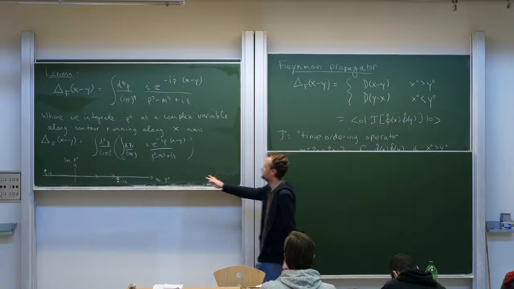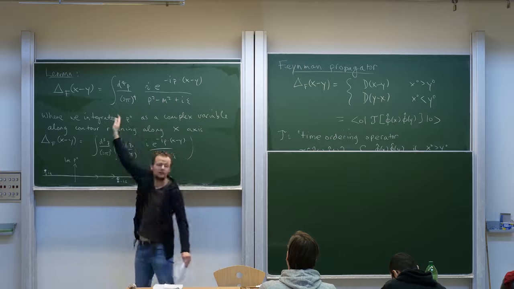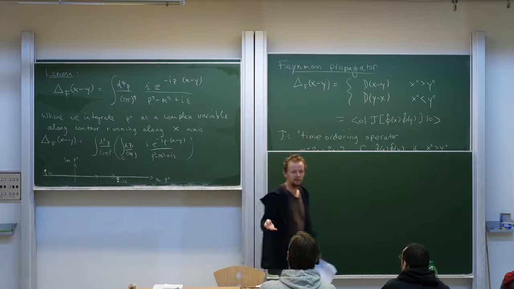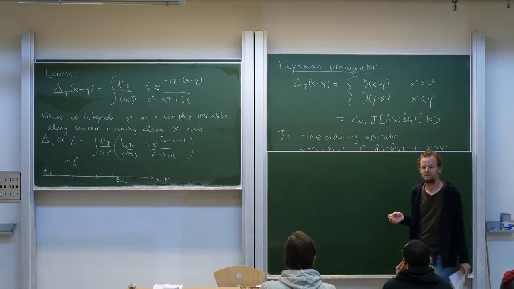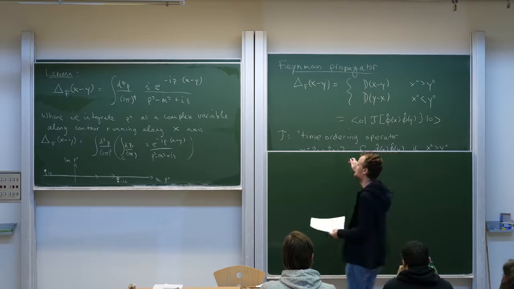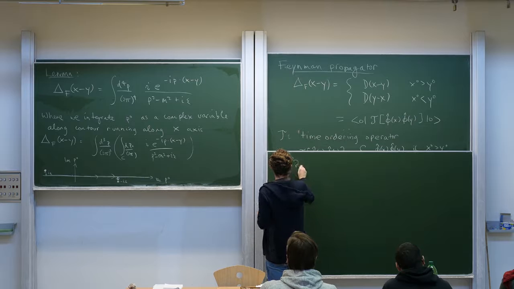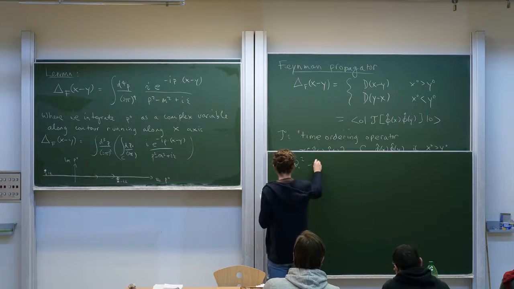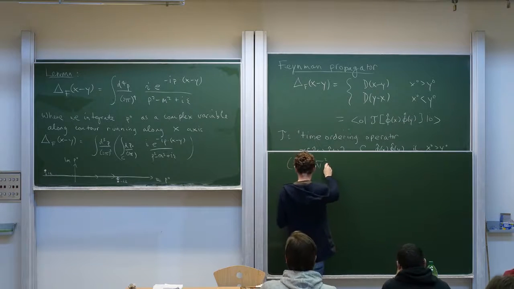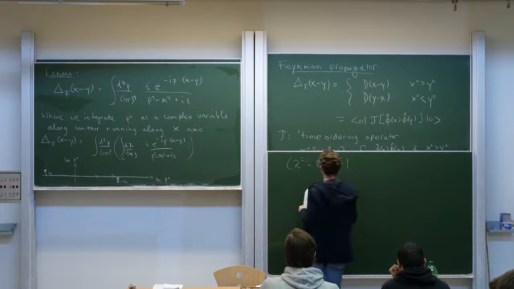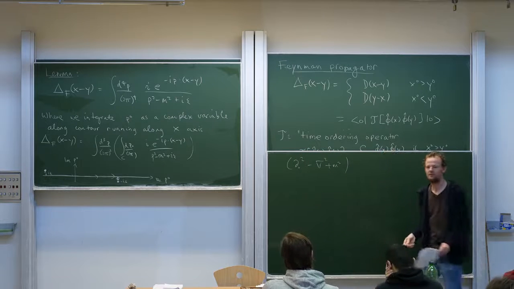So it turns out that this bizarre looking thing here, I mean, it has some connection with two-point correlation functions, has a complete other manifestation. Namely, as a Green's function for this partial differential equation here.